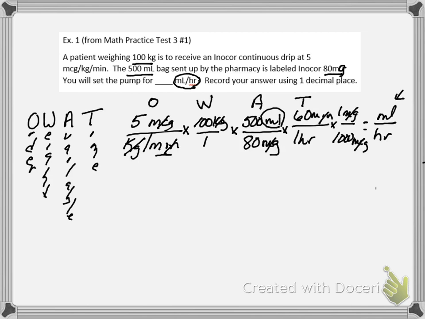And I look across the bottom, and there's hours, and that's what I needed on the bottom. So I know I have everything in the problem that I need, and so I'm now going to just do the math in my calculator, and I get 187.5 mLs per hour. So in the box on the test, I would just write the 187.5.